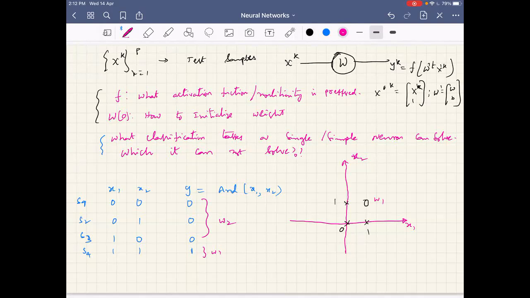So can this be solved by the linear perceptron or by a neuron? That's the question. The answer is yes, because if you start with even some arbitrary separating line, what shall happen? This is the misclassified sample. All this side is positive and all this side is negative.